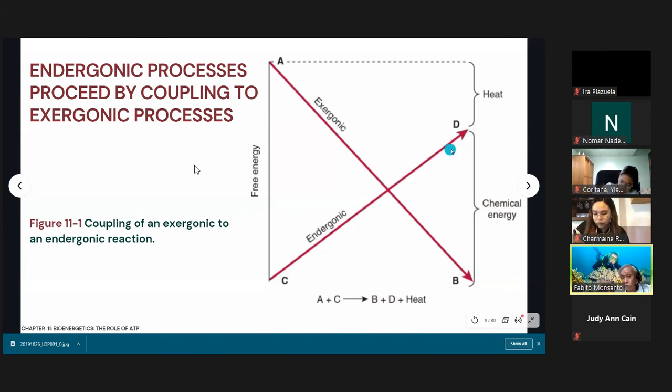As you can see, there's a difference. This endergonic reaction does not go up there. This is only up there.